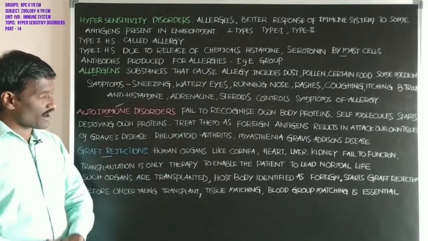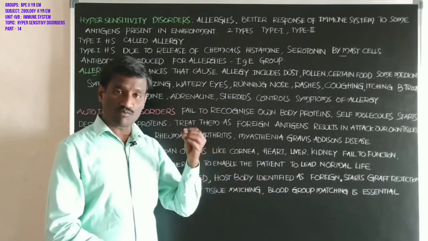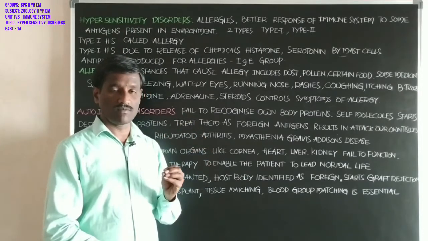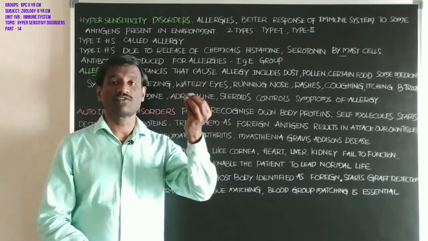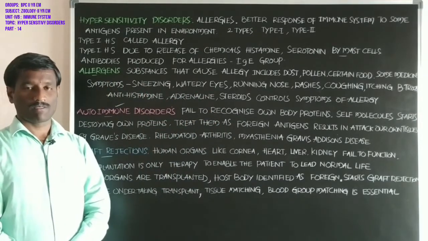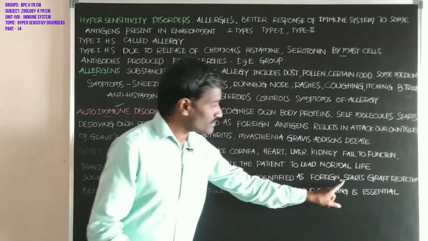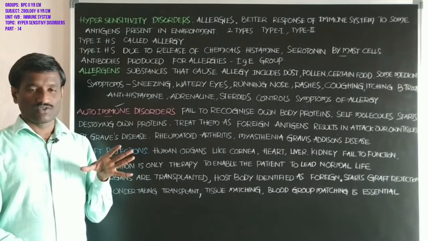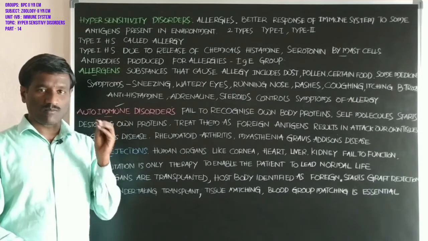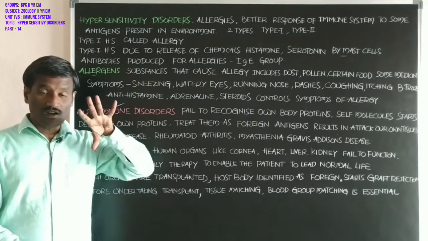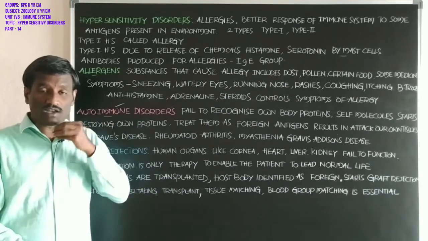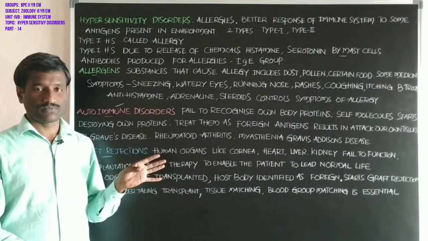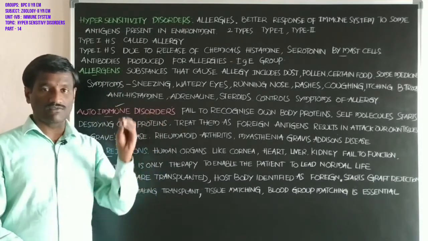The host body, the receiver's body, identifies the organ as foreign, and graft rejection starts. The immune system present in the body identifies the transplanted organs as a foreign substance, foreign material.